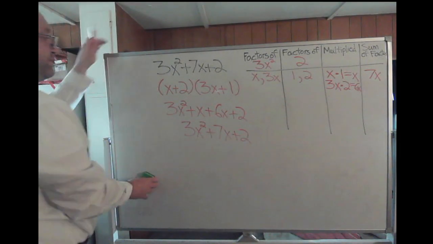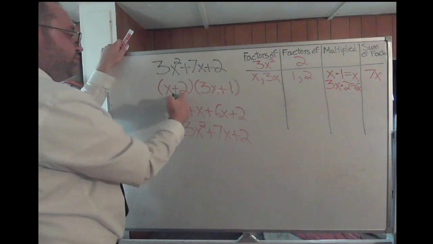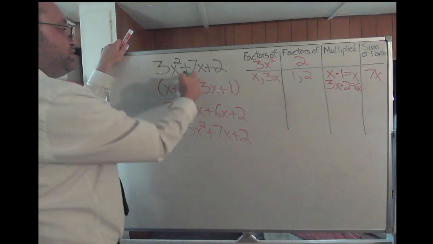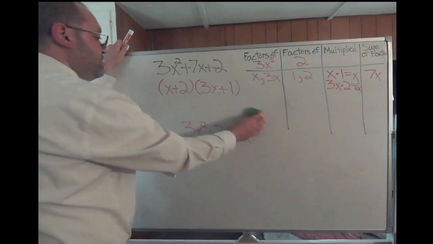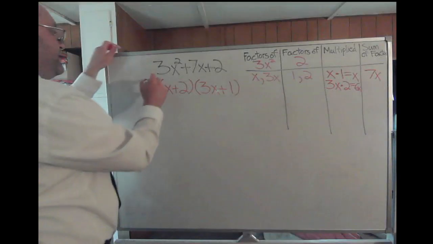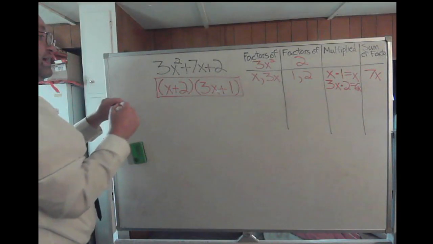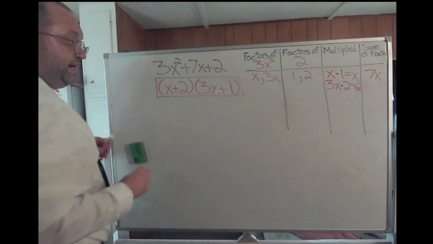You want to have your factors of the constant term arranged in such a way that you get your middle term of 7x when they're multiplied and added together. So the factorization for this polynomial should be the quantity x plus 2 times the quantity 3x plus 1.